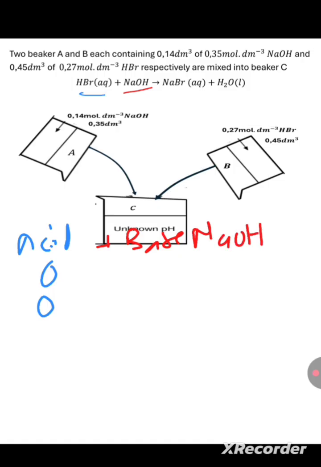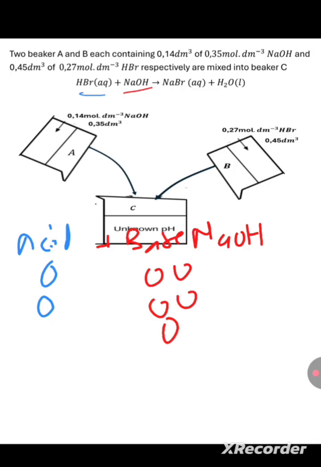If I have 2 particles or 2 moles of an acid, these are the particles for our acid, then we mix it with a base, for example NaOH. 1, 2, 3, 4, 5.